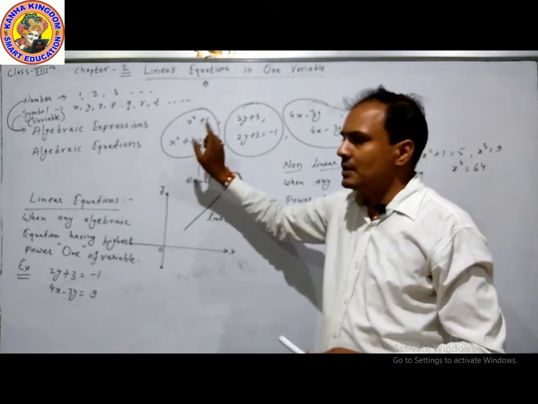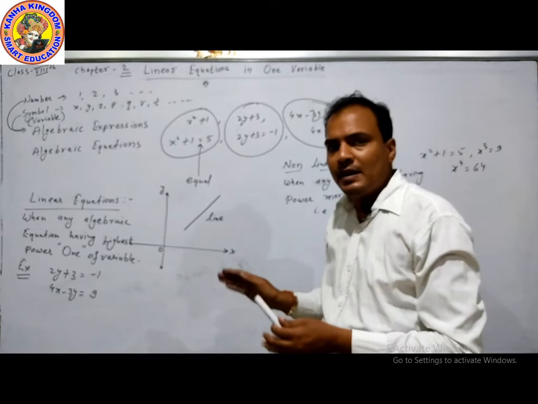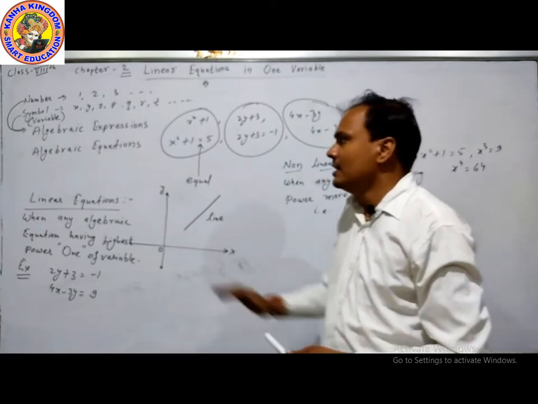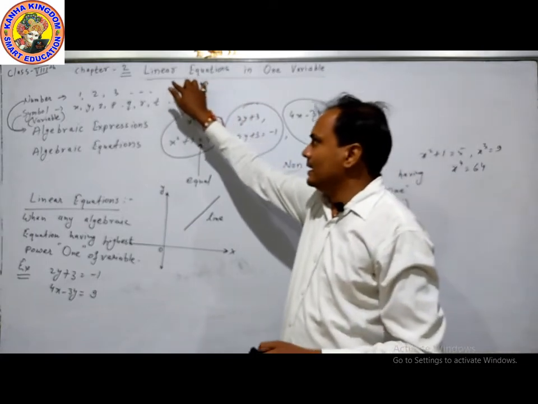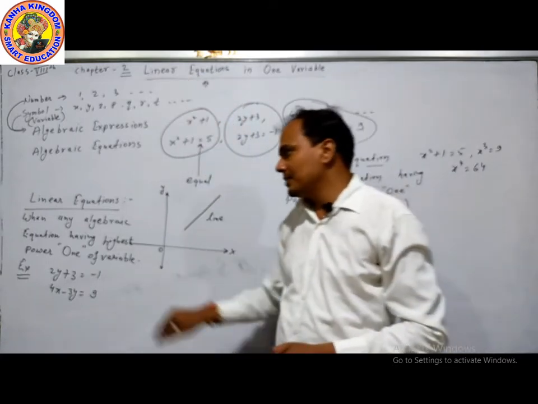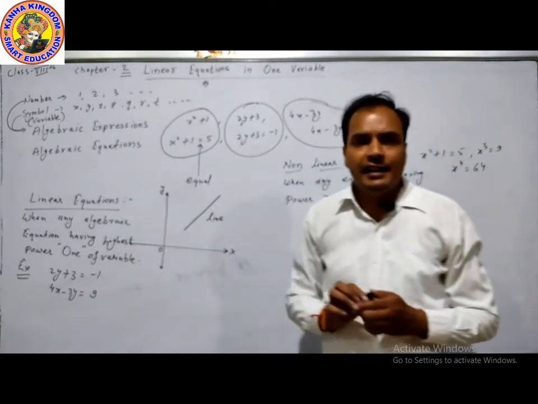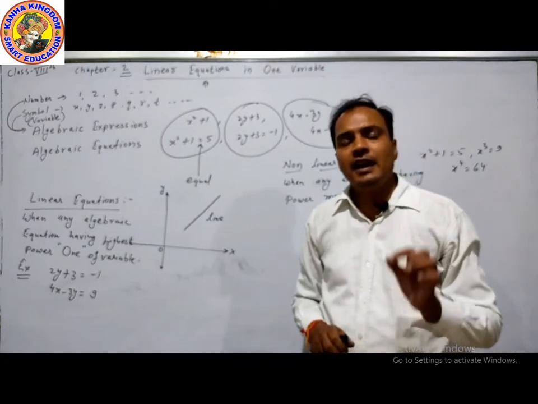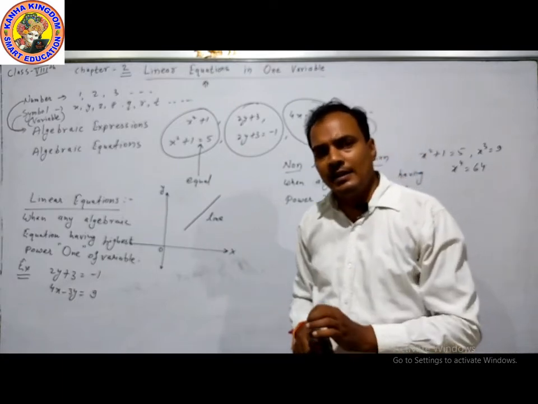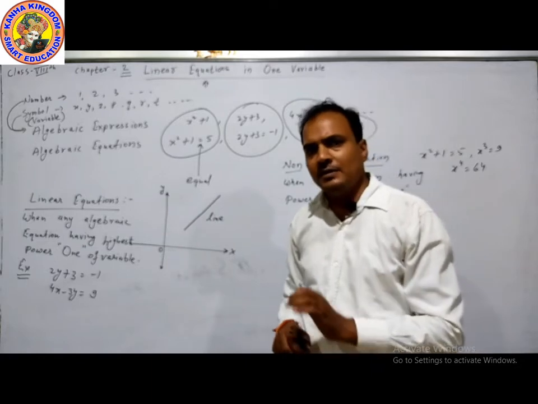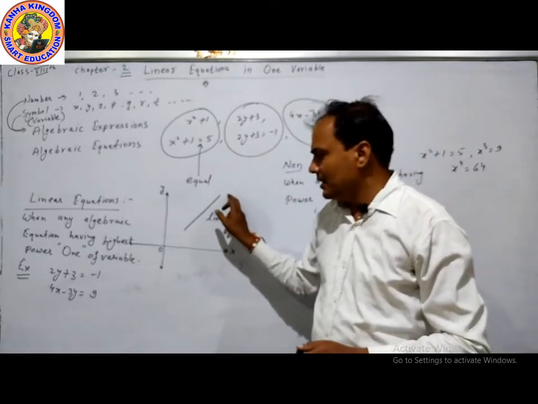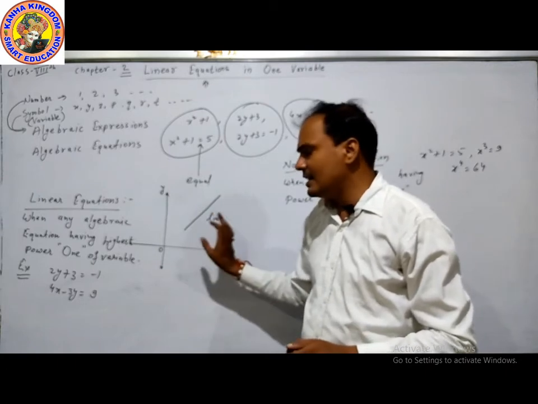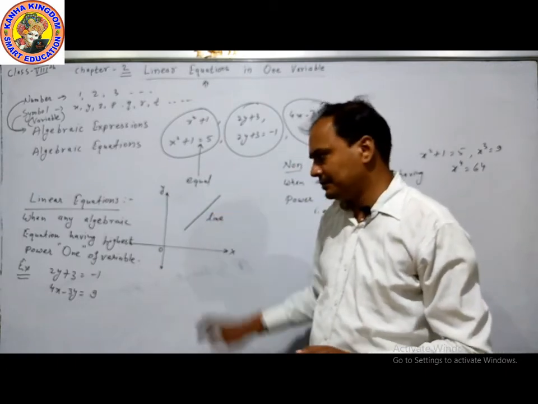When we use variables and numbers with an equal sign, it is called an algebraic equation. Then a linear equation is any equation having highest power 1. Graphically this equation is drawn as a line in a graph.